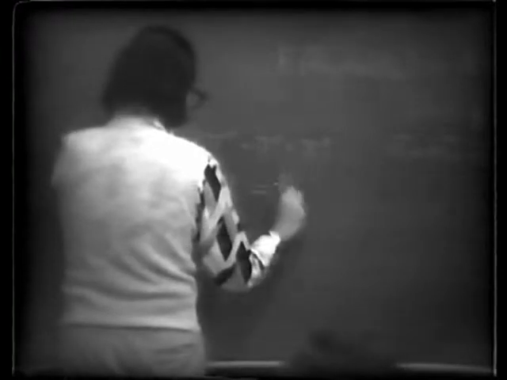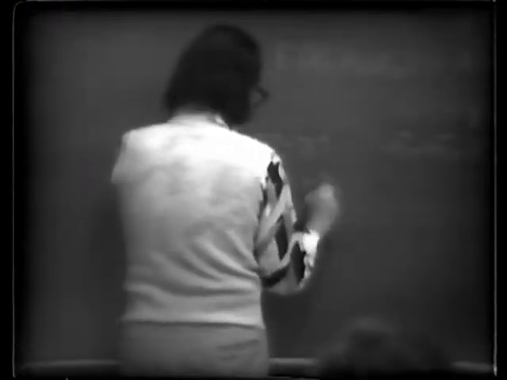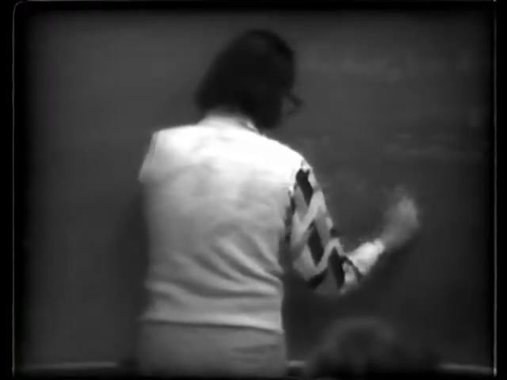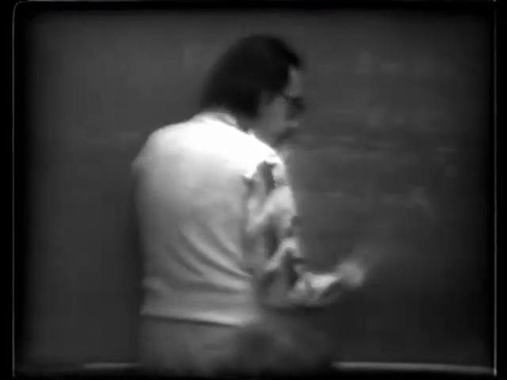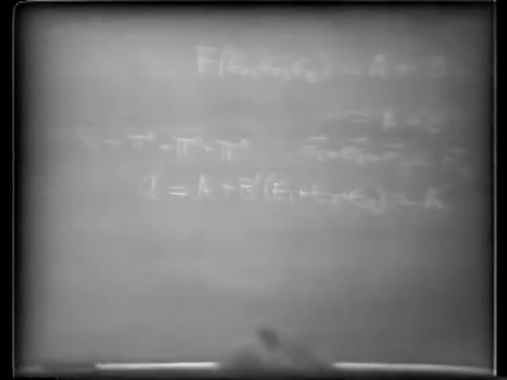Thus, the E factors in all 3 terms contribute 1, and I have a decay amplitude which is A plus B prime times epsilon 1 plus epsilon 2 plus epsilon 3, which is otherwise known simply as A. In the linear approximation, the distribution of points in the Dalitz plot is completely flat for 3 pi naught decays, independent of position in the Dalitz plot.